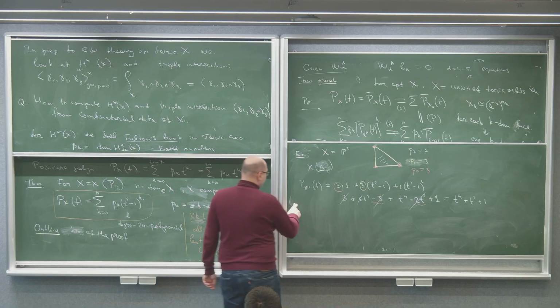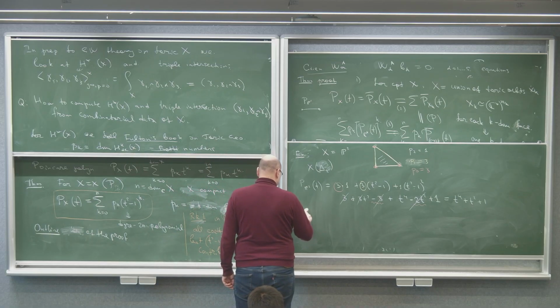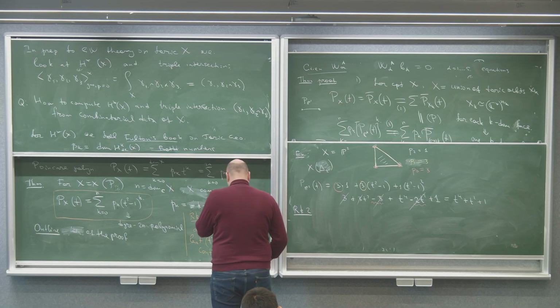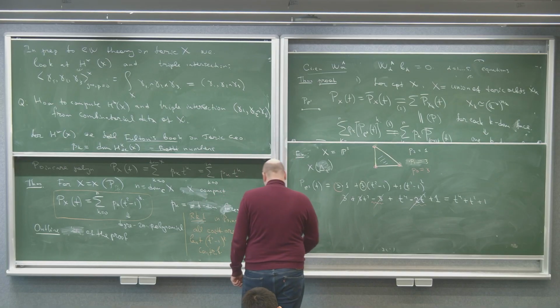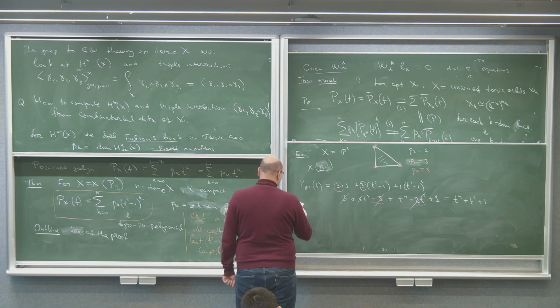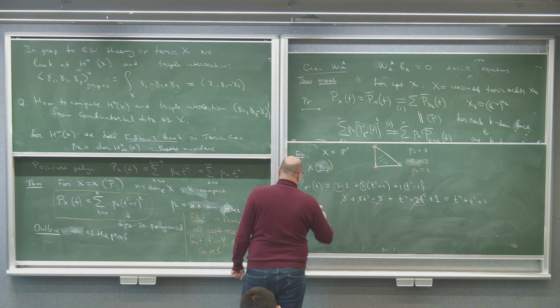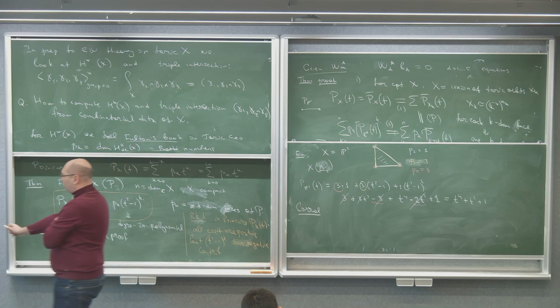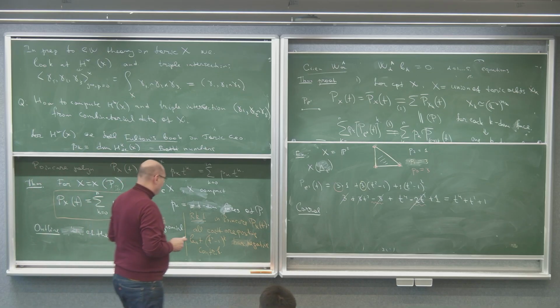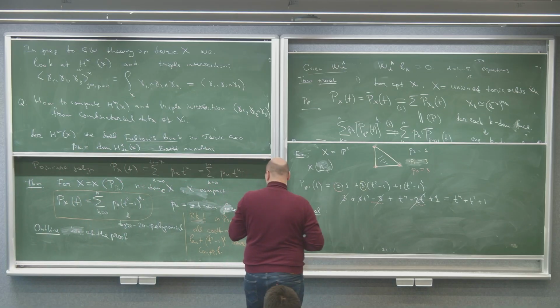So let me make another remark. Or maybe not a remark, because it's not something that we ignore, but something we're going to use. So let me call it a corollary. That is a corollary that we're going to use a lot in our tropical construction.